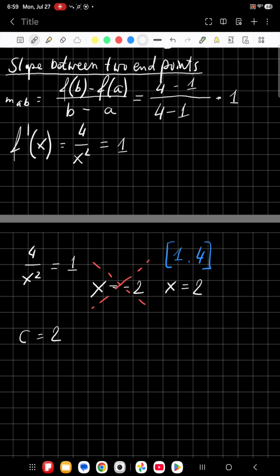Okay, so that's for that. If I evaluate my derivative at that number, it will give me the slope of 1. So we have f prime of 2.